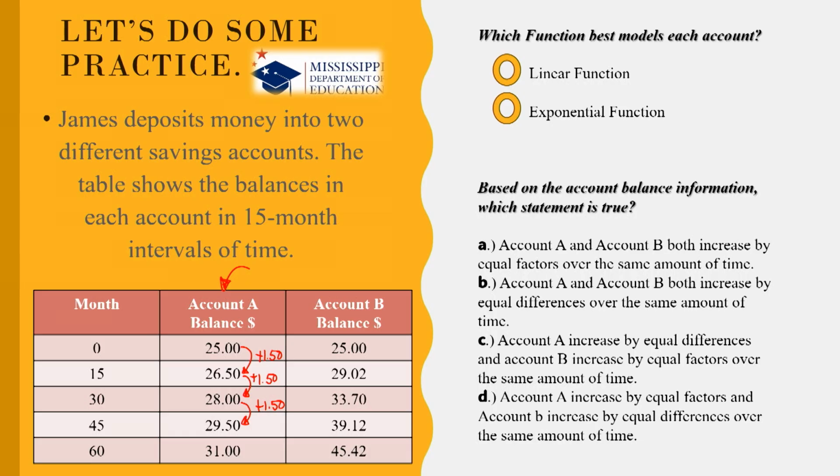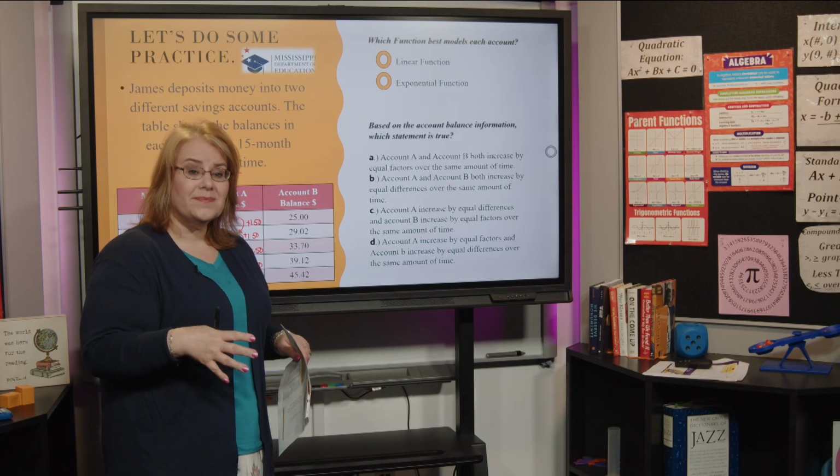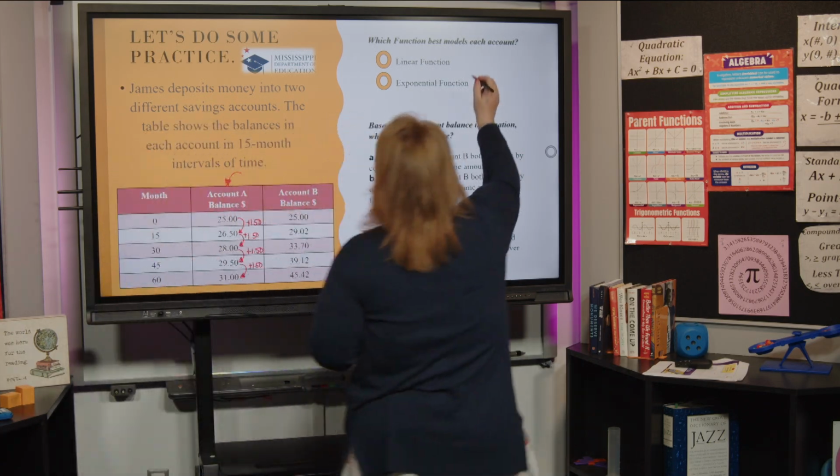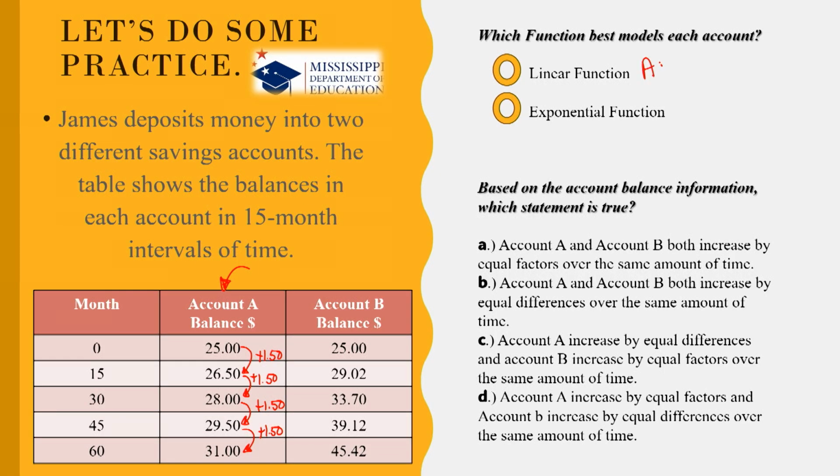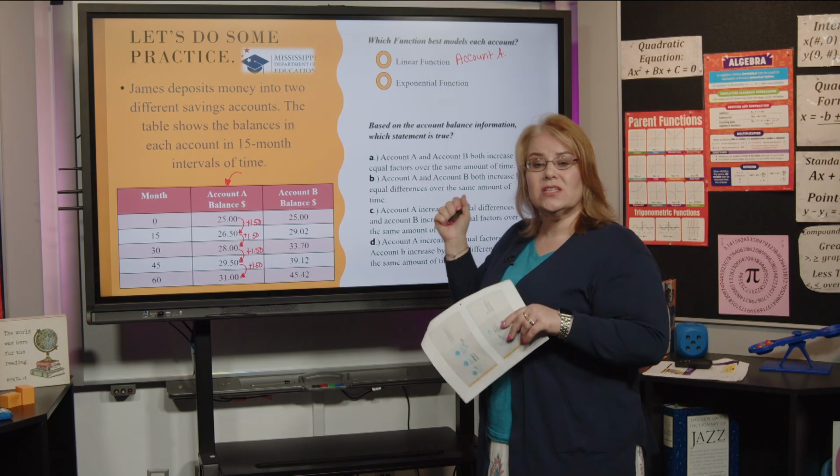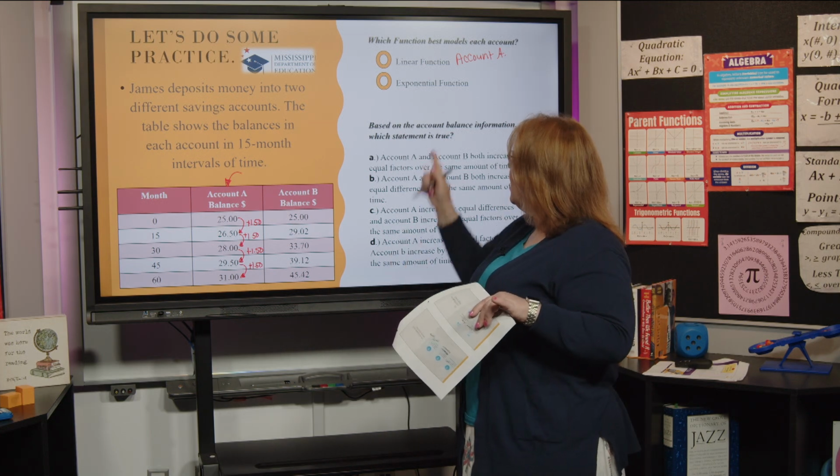And to go from $29.50 to $31, yep. So obviously account A is what? It's linear. So let's put that. So I'm going to put account A. All right, so just to double check, let's make sure account B is exponential.